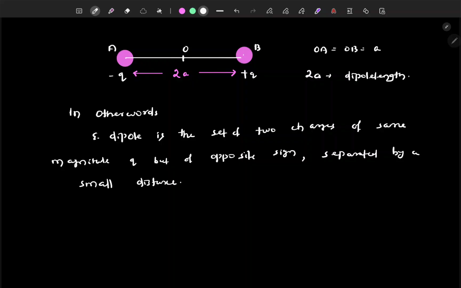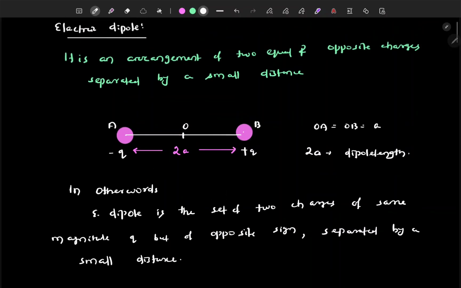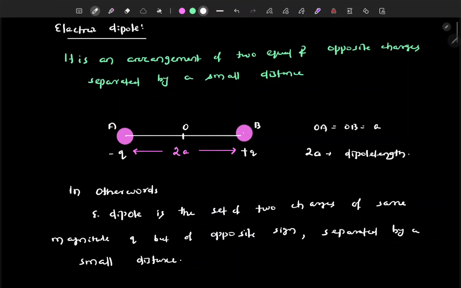And this is called your electric dipole. It is an arrangement of two equal and opposite charges separated by a small distance from each other.